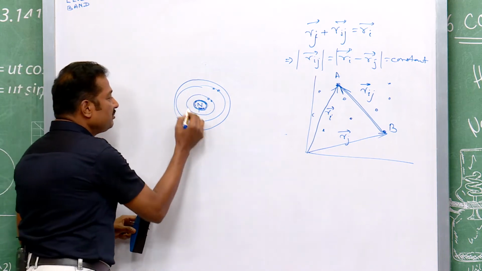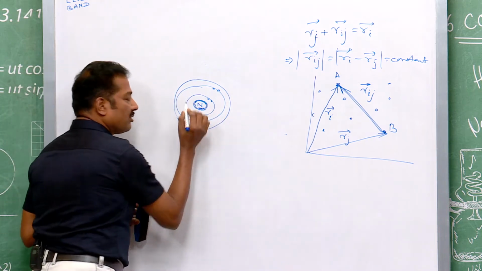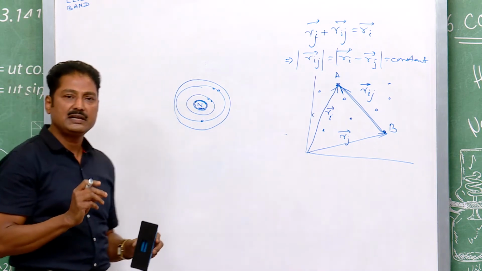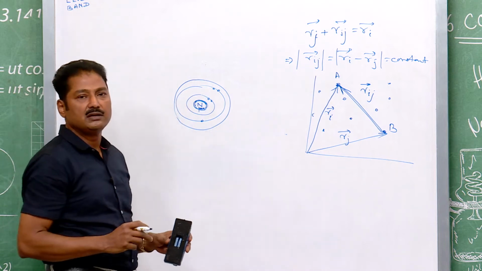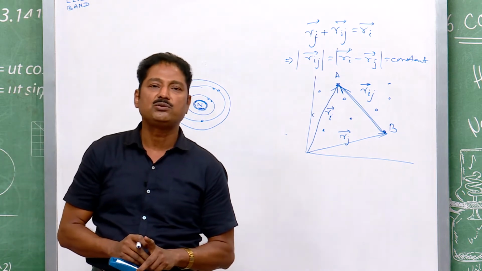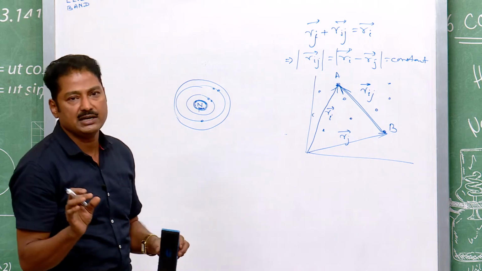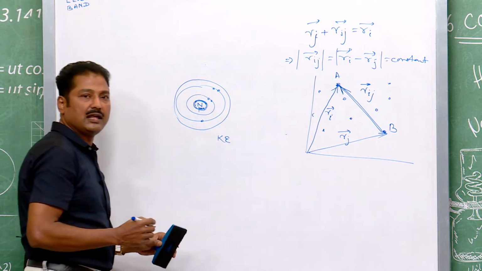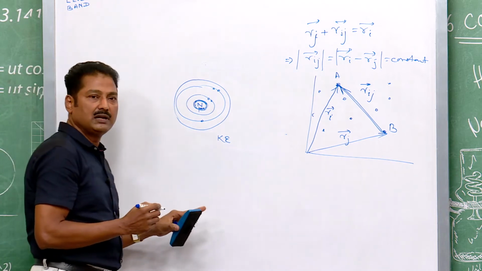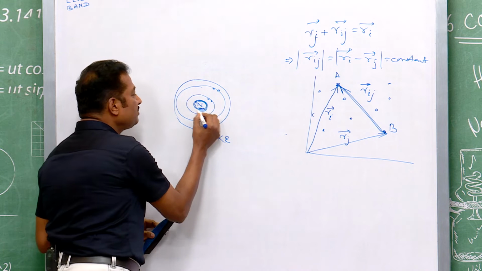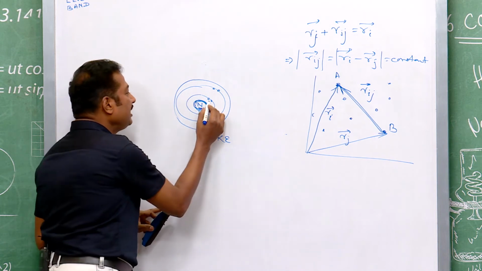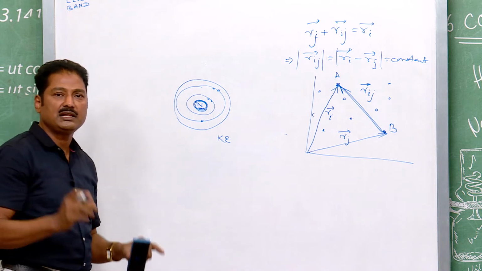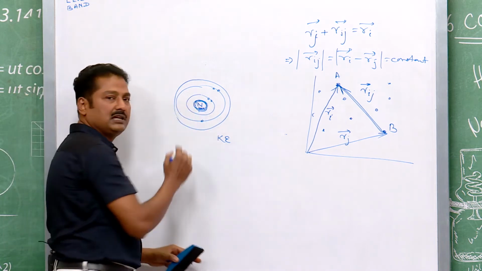When the electrons revolve around, in each orbit the electron should have a particular energy. What is that energy? Because it is moving, by virtue of its motion, it will possess kinetic energy. That is simple. So, it will have kinetic energy of the electron in an orbit, and because the nucleus is positively charged and the electron is negative, there will be electrostatic attraction between the nucleus and the electron.